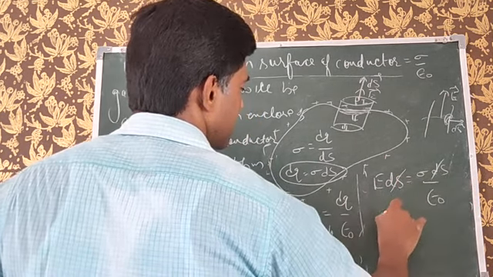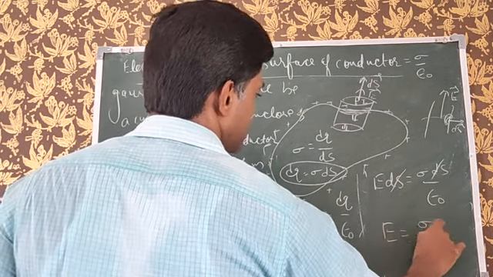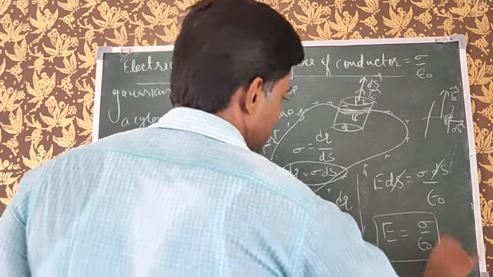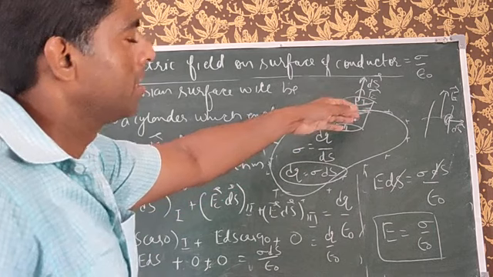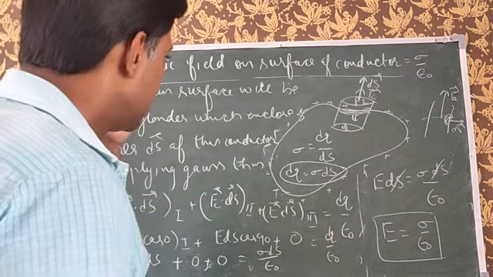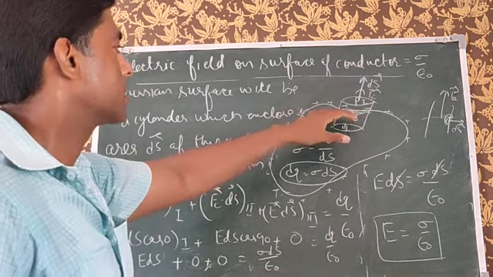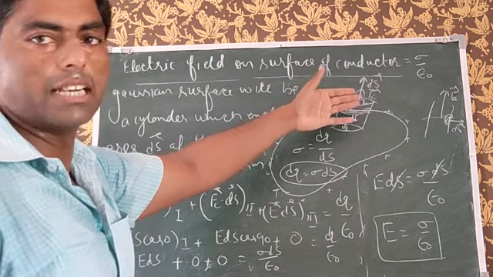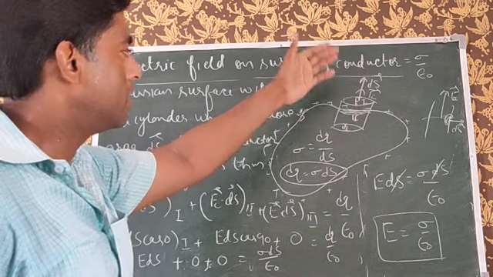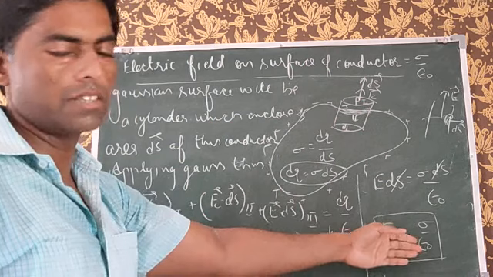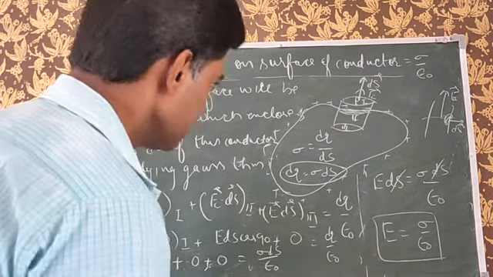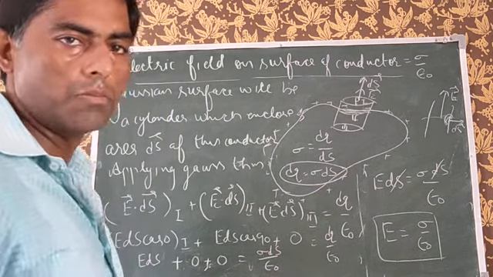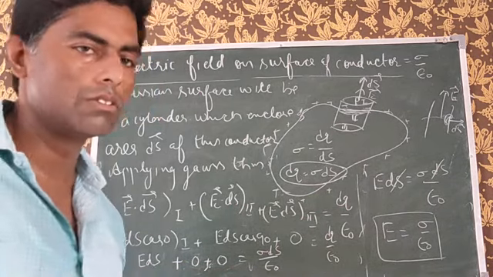So ds gets cancelled with ds, and we get E is equal to sigma over epsilon naught. This gives the electric field at point P, or indirectly on the surface of the conductor, because the electric field on the surface of the conductor is almost the same as that at point P, and at point P the electric field is sigma over epsilon naught, so the electric field on the surface of the conductor is also equal to sigma over epsilon naught. Now note this down.